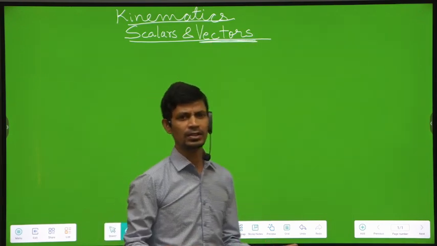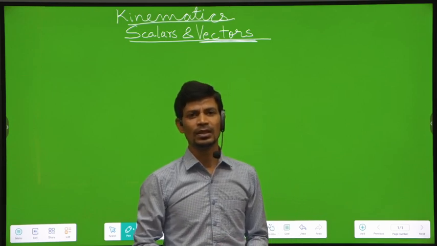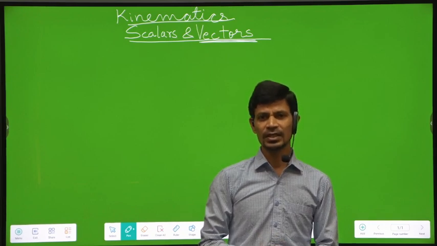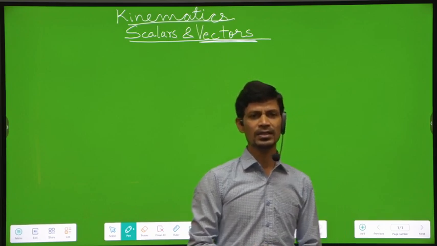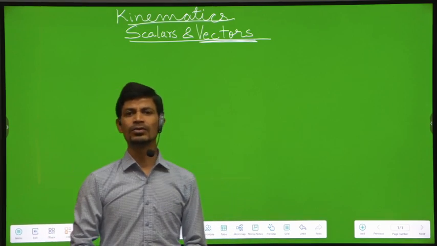Okay, the word vector is widely used in other studies also. In biology it is the carrier of some disease, in computers it is software for designing, but in physics it has a specific meaning related to physical quantity.